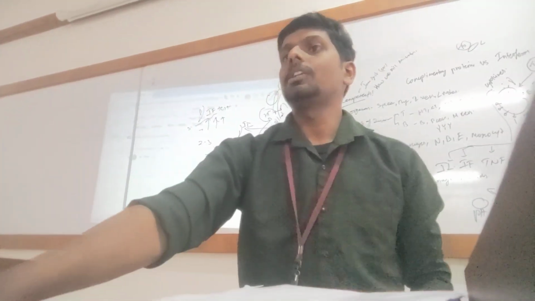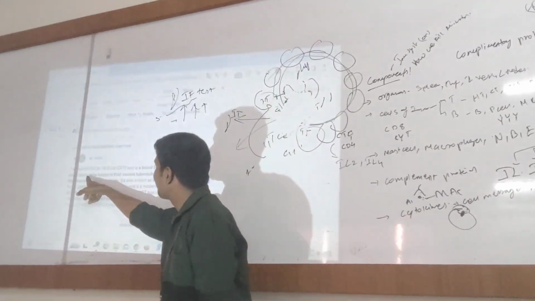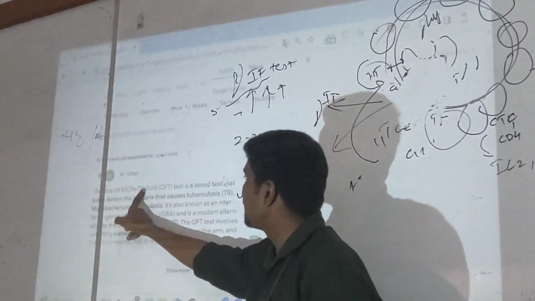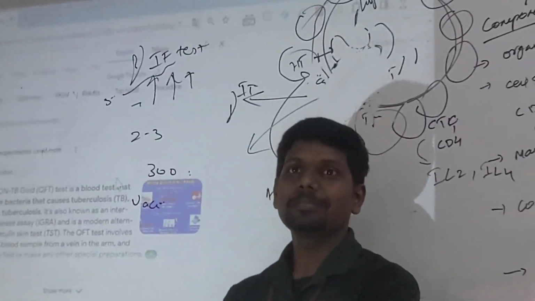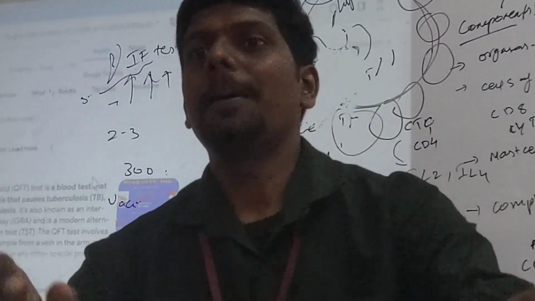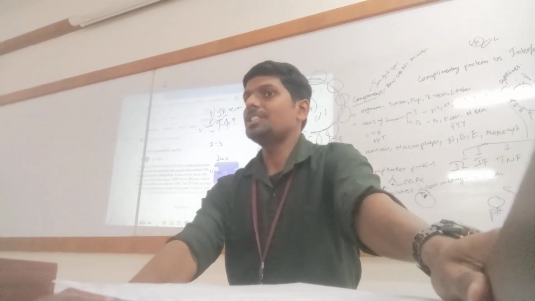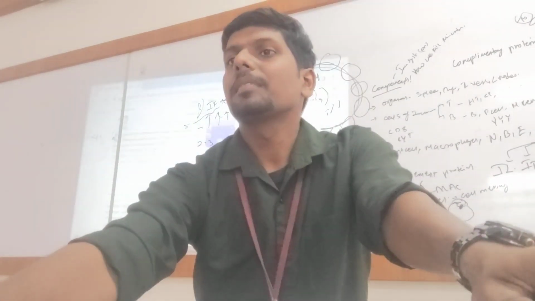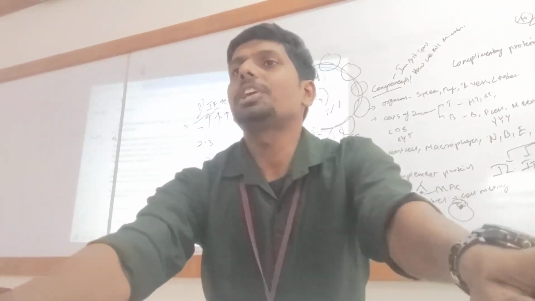Let us see here what it will say. See, I said right. Quantiferon test. Okay, the gamma quantiferon test is an ideal test for detecting TB. This is called the interferon gamma release assay, IGRA. This is the best test for TB.